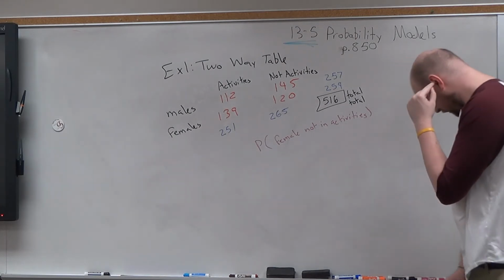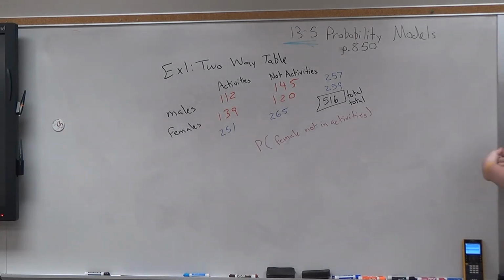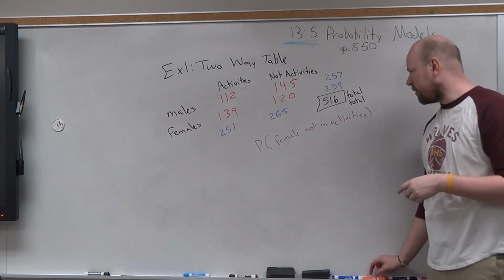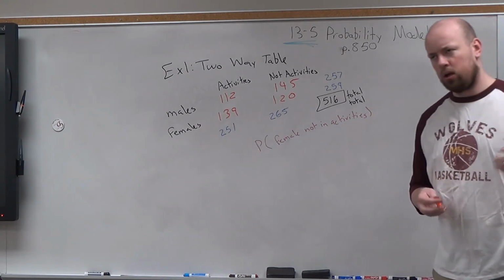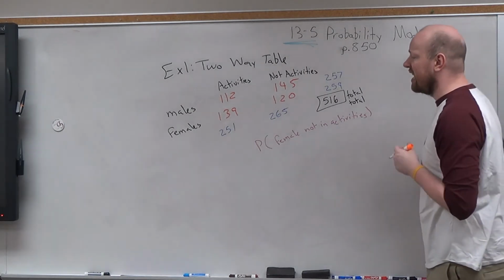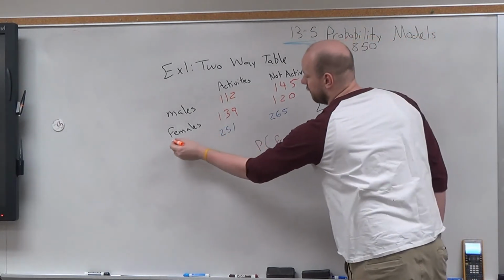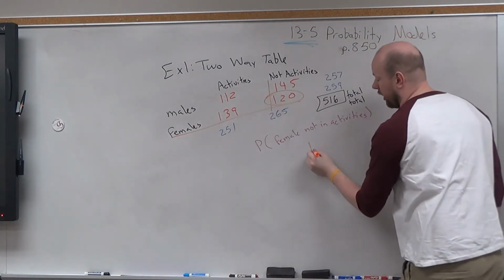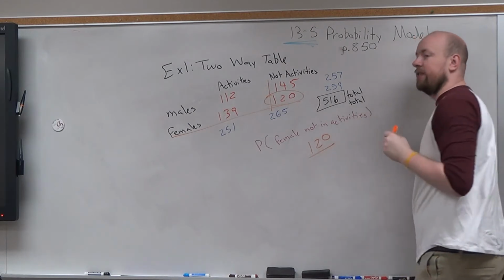These two-way frequencies are kind of interesting. It works exactly like you think it should. First we need to think of, how many females are not in activities? We can find females here and not activities here. Obviously there are 120 not in activities.